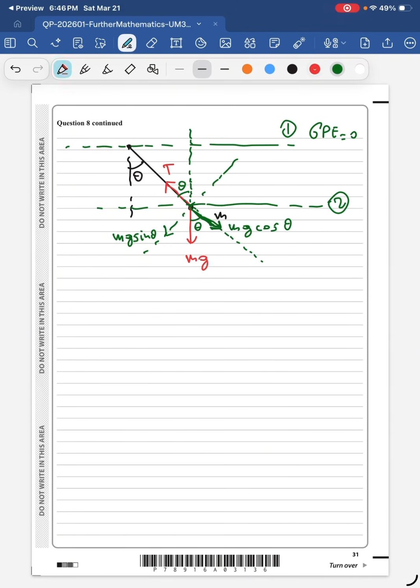We need to find the height, which is the perpendicular distance, so that we can calculate the gravitational potential energy. So let's find h. This is h. So cosine theta is h over 4a, because that's 4a. So h is 4a cosine theta.